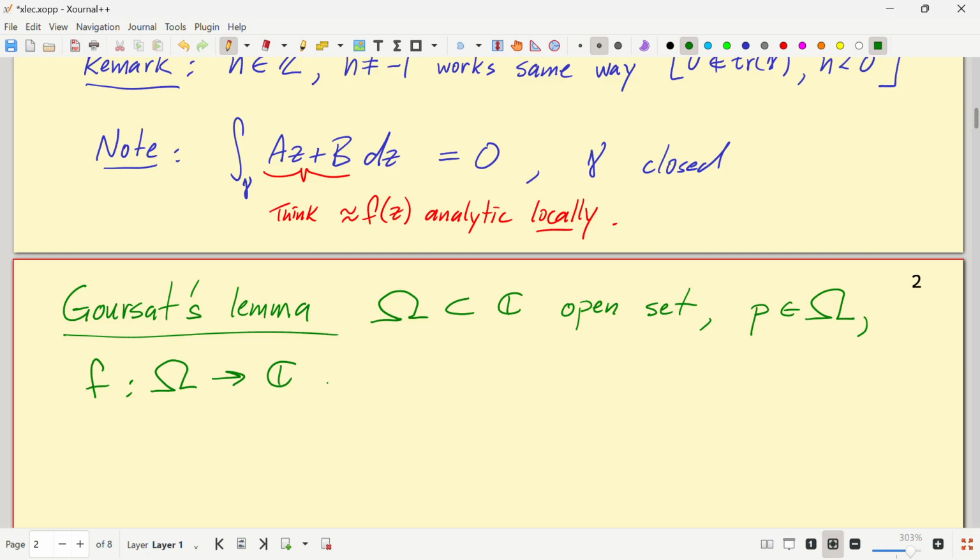Let's say, first of all, it's continuous on all of omega, and it's analytic on omega minus p, which is kind of a weird thing to do.